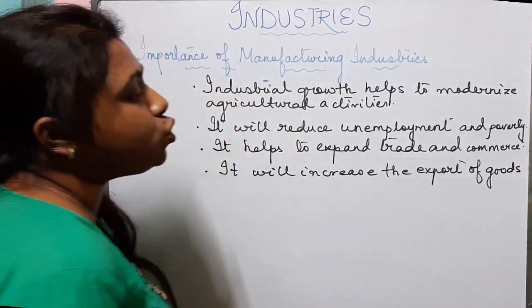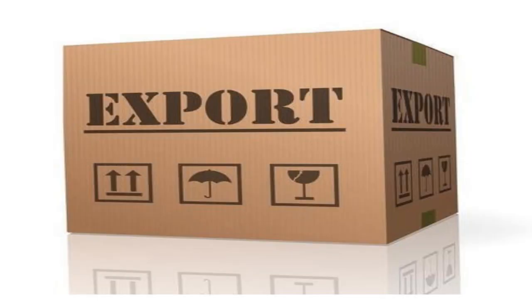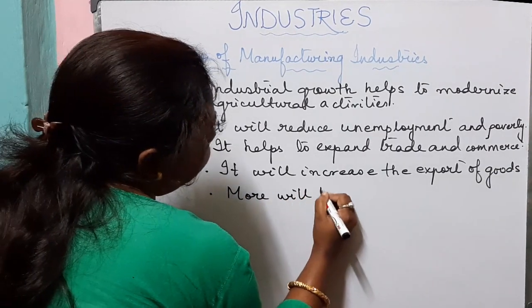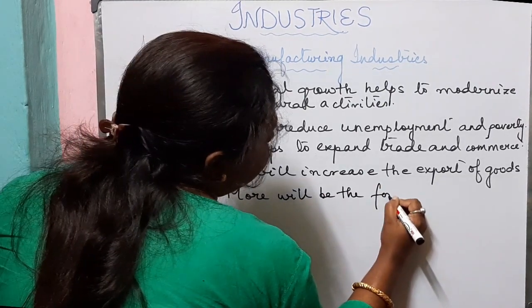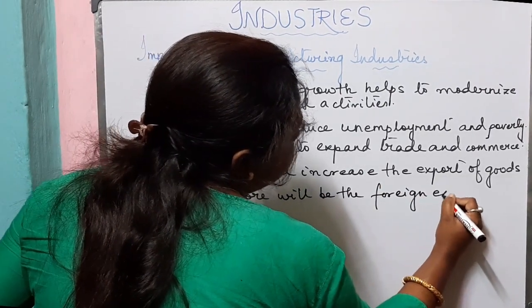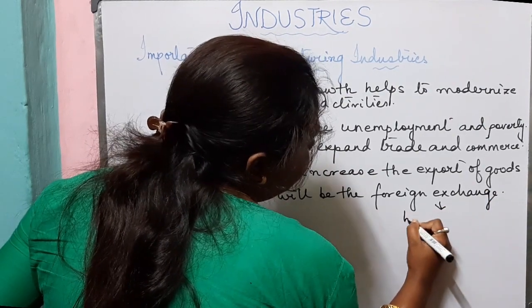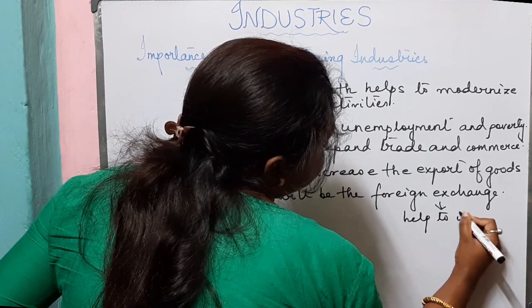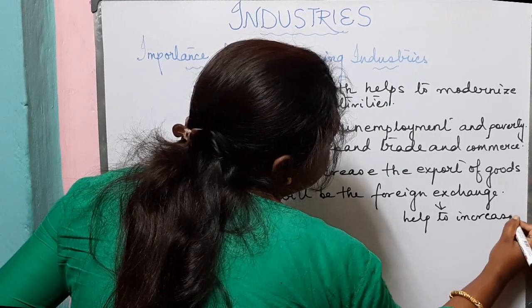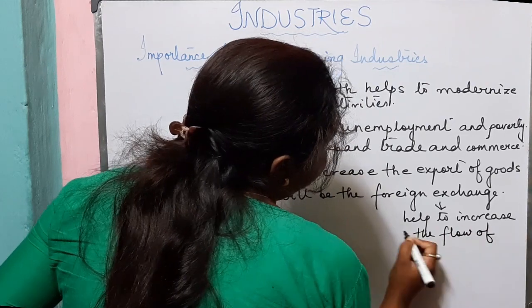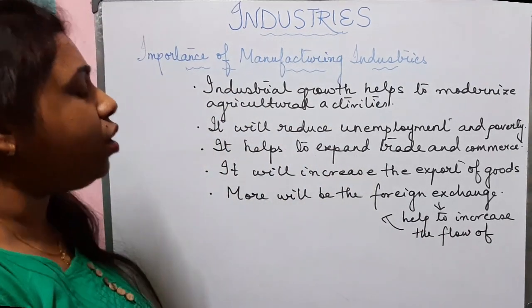More will be the export of goods. That means that more goods will be exported to other countries. More will be the foreign exchange. So we can say that it will also help to increase the flow of foreign exchange in our country.